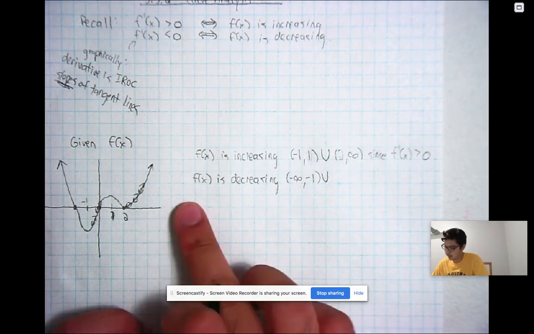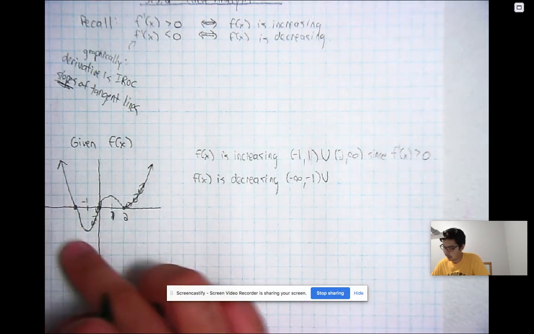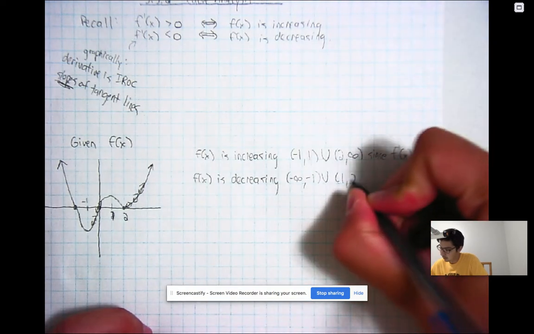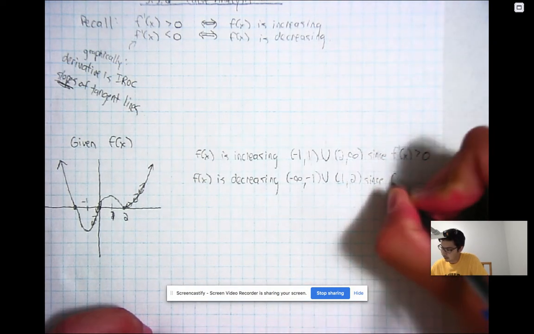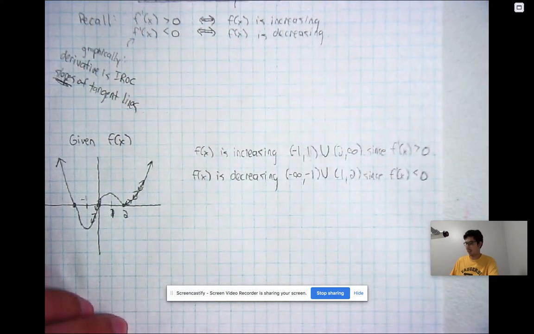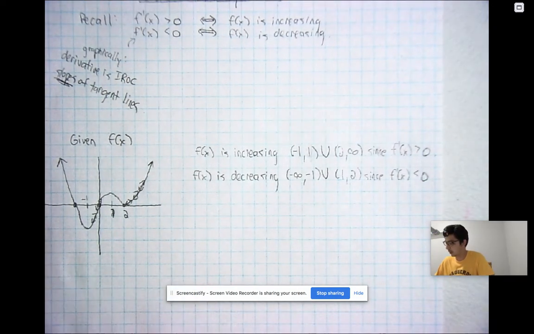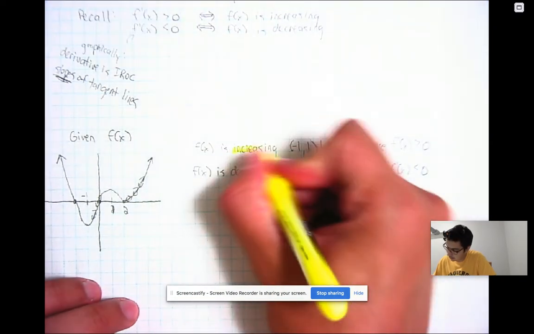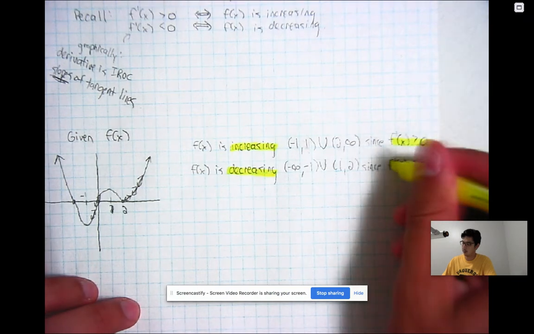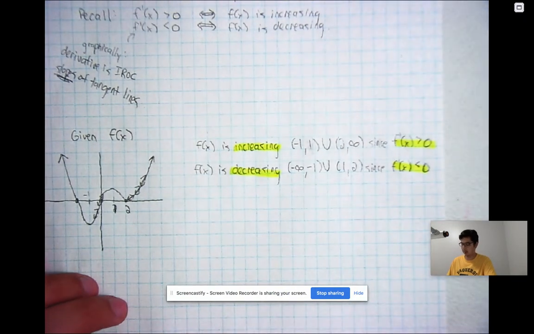So f of x is decreasing from -infinity to -1, and it's also decreasing from 1 to 2, since f prime of x is less than 0, it's negative. So that's covering the keywords increasing and decreasing, focusing on using the definition of the derivative.